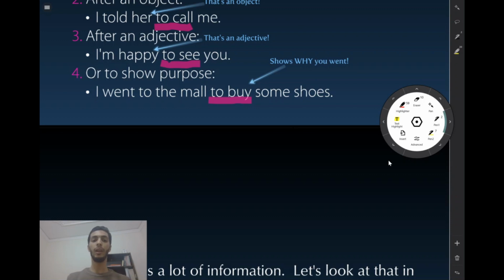Okay. So here اسم مصدر الفعل to buy نستعمله في هذه الجملة لكي نبين لماذا أو نجيب على السؤال لماذا ذهبت إلى المتجر؟ لشراء بعض الأحذية. Okay, to buy some shoes. We cannot say I went to the mall buying some shoes.